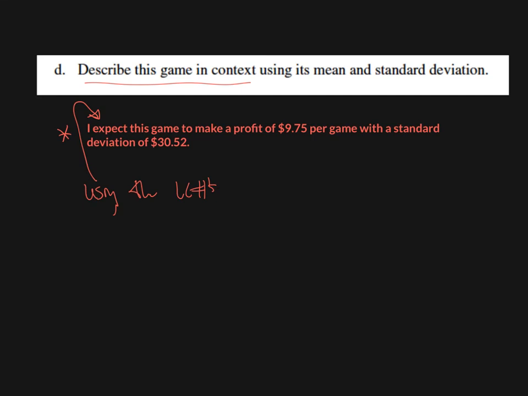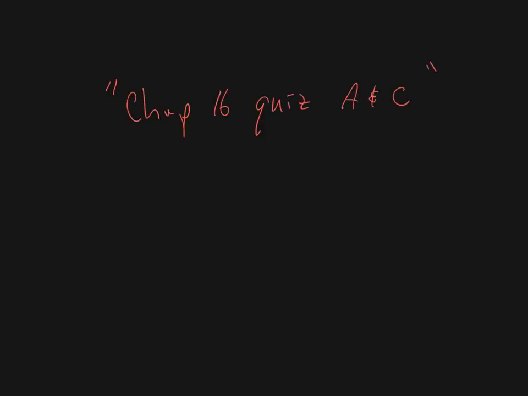And then that's it. I wouldn't get too involved with saying, hey, they really need to think about this, that, and the other. It's just describing the game, get in and get out. Don't give too much of your opinion unless you're asked for it.